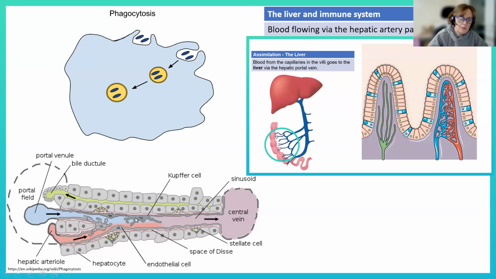So these Kupffer cells, and we've got something called the hepatic arteriole here, a bit larger than a capillary, so a slightly bigger blood vessel than we've got over here.